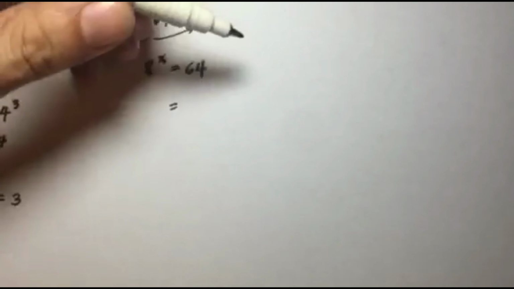Okay? Okay, so let us have the rules of logarithms. So magagamit natin ito to solve some logarithmic equations. So rule number 1, yung product rule muna. Dito sa product rule, logarithm of mn, the product of m and n to the base of b, ito ay magiging logarithm of m to the base of b.